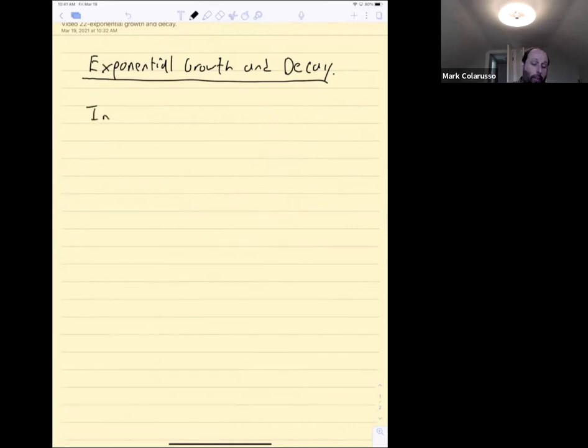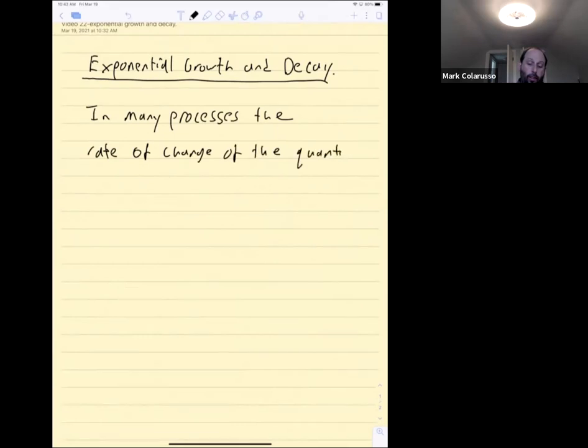In many processes, the rate of change of the quantity of interest is proportional to the quantity present at a given time.